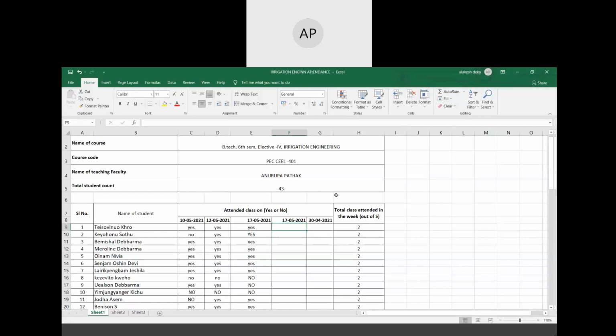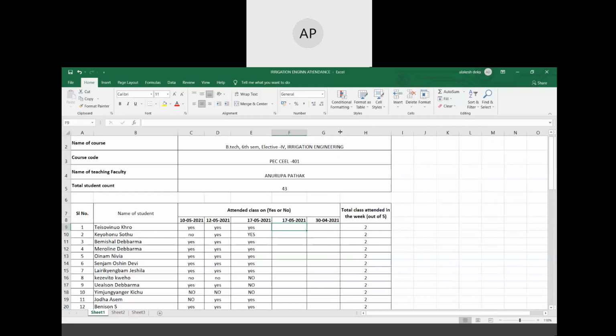Respond, all of you. Teshovino Crow, yes ma'am. Keo Chonu Chotu, present ma'am. Memisam Debarma, present ma'am. Onyam Nivia, present ma'am.